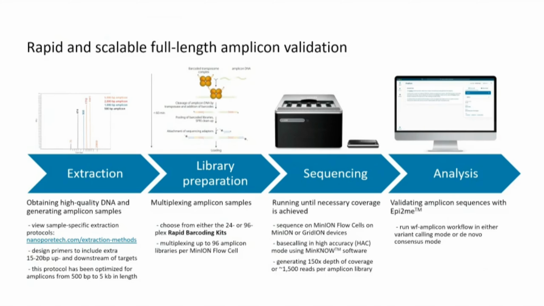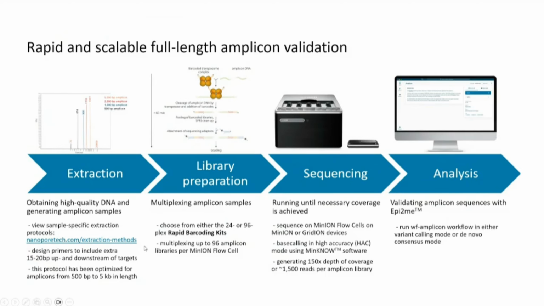In case some ends of the DNA molecules are not sequenced at very high quality, we still have some buffer bases. The protocol tested by ONT covers amplicons ranging from 500 base pairs all the way to 5 kb.